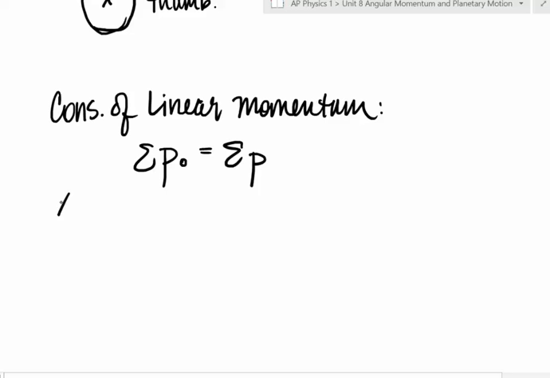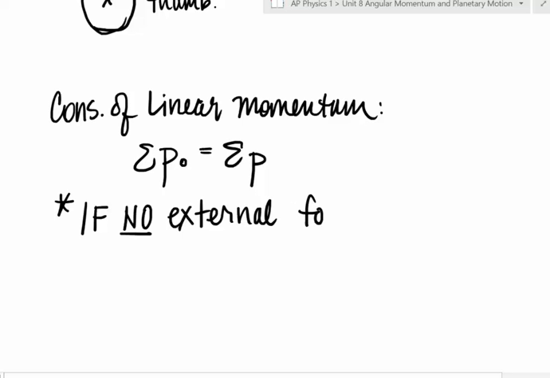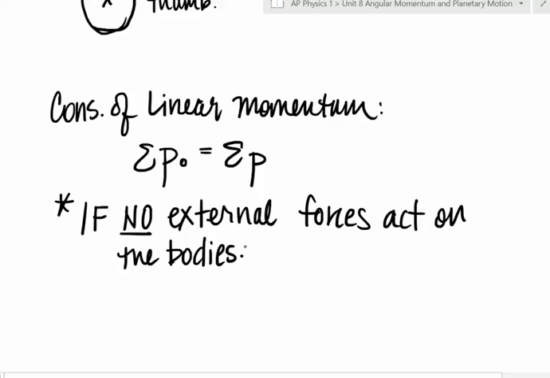And there was an asterisk to that, a footnote, and that was if no external forces act on the bodies. So that means that the only force that can be in the system is the action-reaction force between the two pairs that are colliding. So that's the Newton's third law business. We can only have the action-reaction forces between the two.